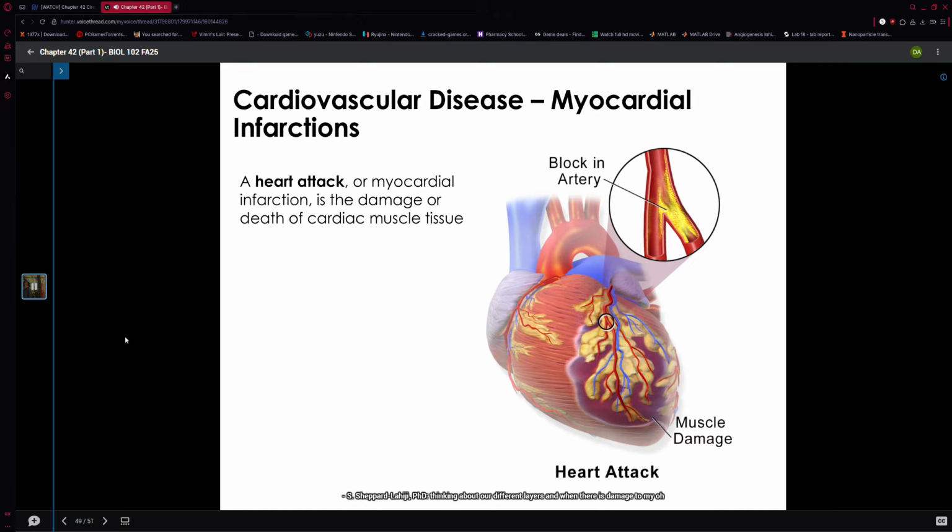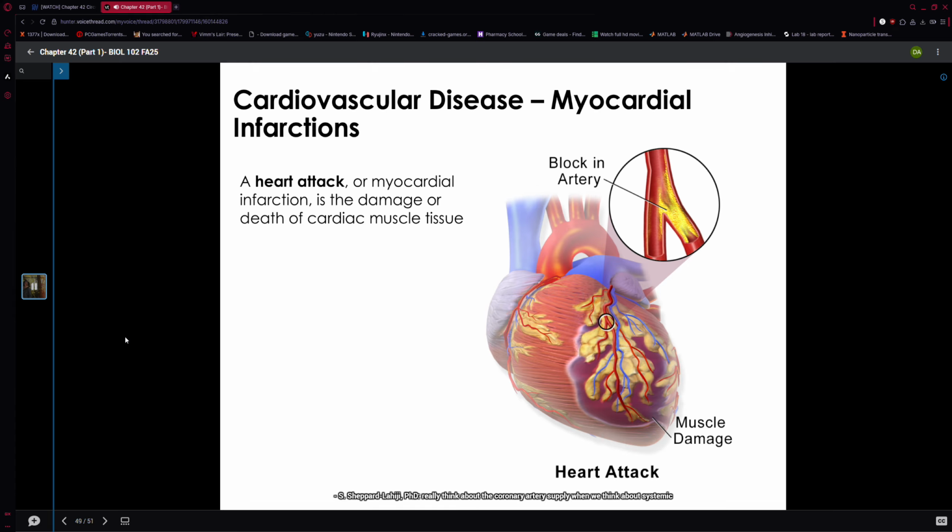When we were thinking about our different layers. And when there is damage to myocardium, that's going to impact the efficiency of heart muscle contractions. And the question then becomes, how can that occur? And so damage to the myocardium can occur when it doesn't receive blood.